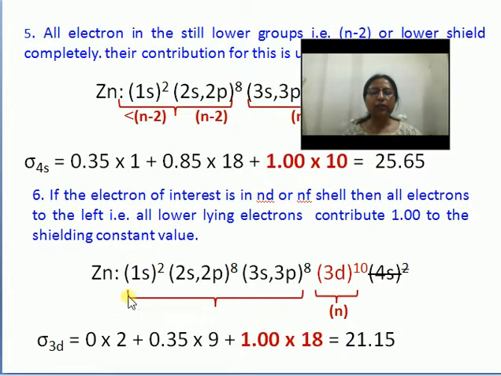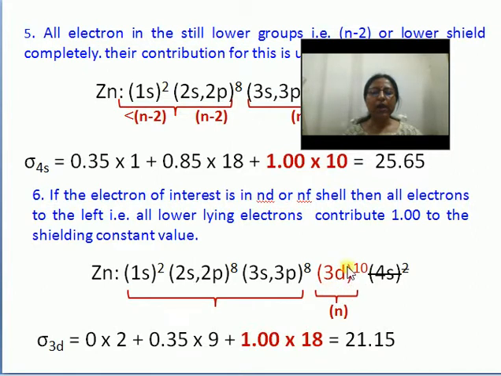Here is the group electronic configuration for zinc. You see 1s, the 2s2p group, the 3s3p group, 3d10, and also 4s2 electrons. But here we are going to calculate the sigma value on one of these d electrons.